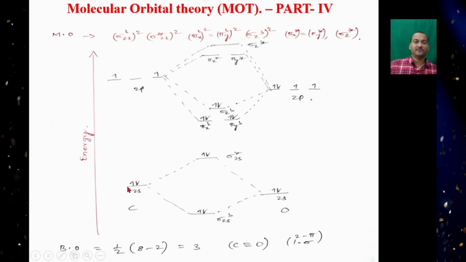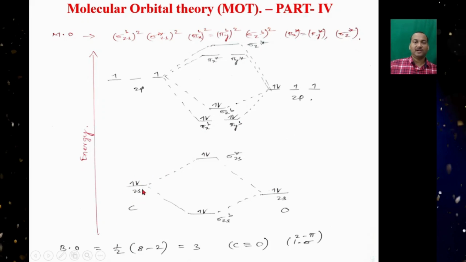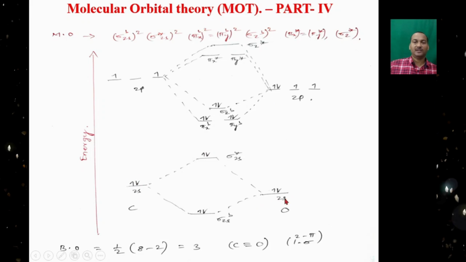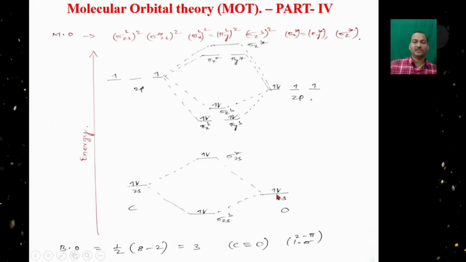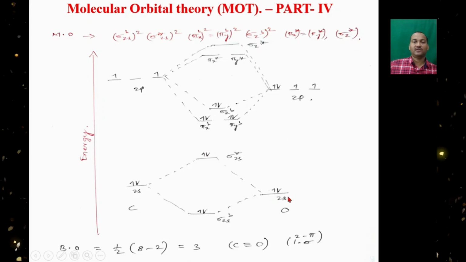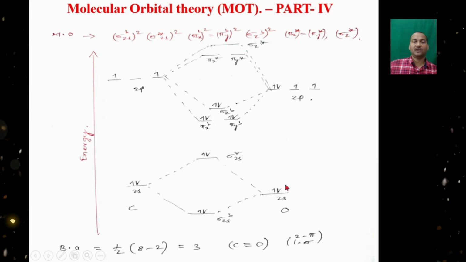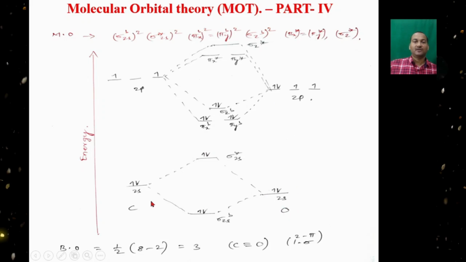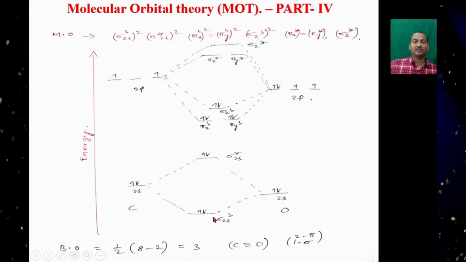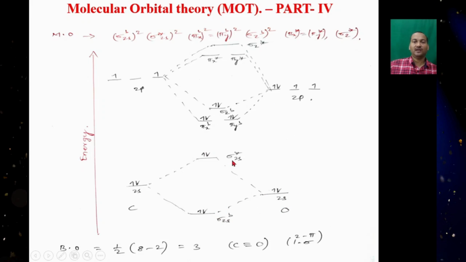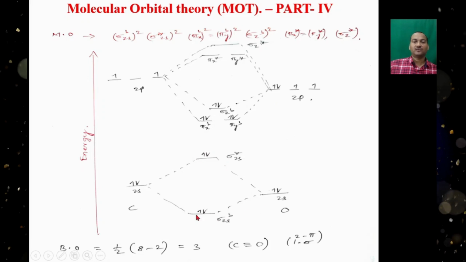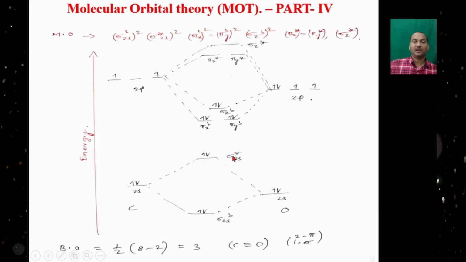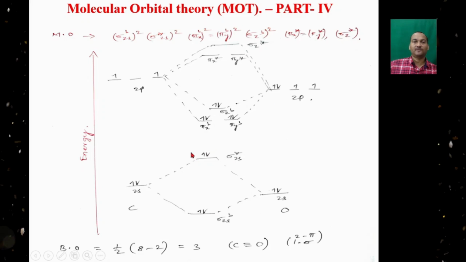This is the 2s orbital of carbon, and this is the 2s orbital of oxygen. Oxygen is lower in energy with respect to carbon since its electronegativity is high. When they interact, they form bonding and antibonding MOs, so 2 electrons will go to bonding and the other 2 electrons will go to antibonding.